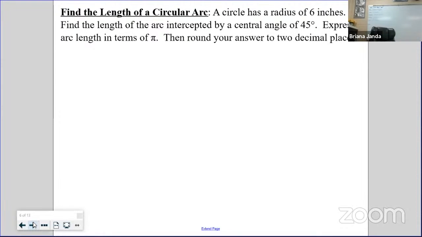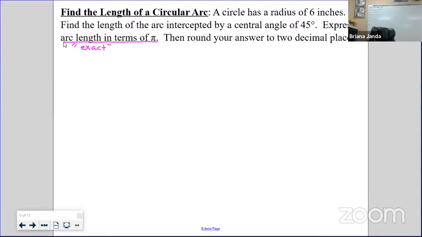That's the angle that's coming out and breaking into your circle. The other thing is express the arc length in terms of pi can also be written as keep your answer exact, because we don't have to round when we keep that symbol in there. That means don't type pi into your calculator, leave it as part of your answer, like 5 pi, okay?